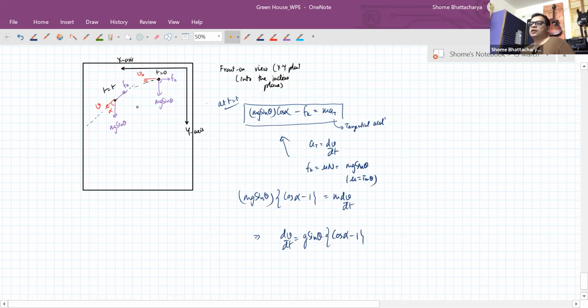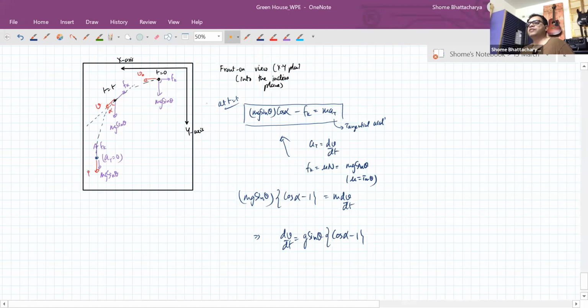Now the particle is going to keep turning like this till it reaches a situation where its velocity becomes like this. At that point of time, the friction and mg sine theta will act opposite each other. So its acceleration will become 0 because they are equal in magnitude.